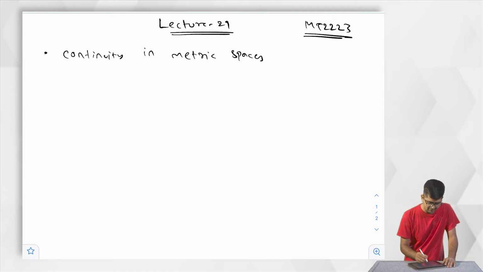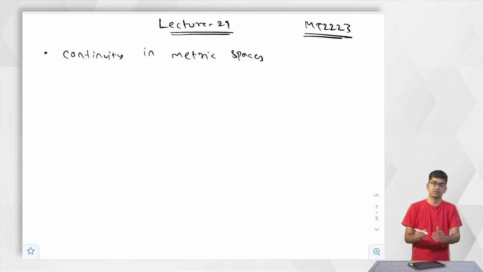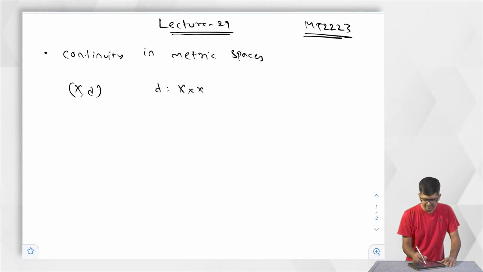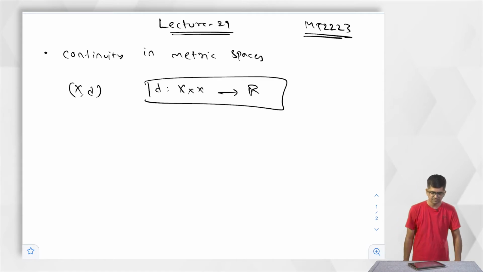So now let us recall what a metric space is. A metric space is a pair (X, d). X is some non-empty set, and d is a map from X cross X to R, satisfying certain conditions. And we have seen that R has a metric, R^n has a metric, and all that.